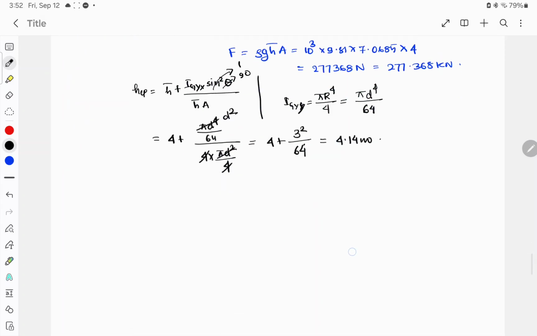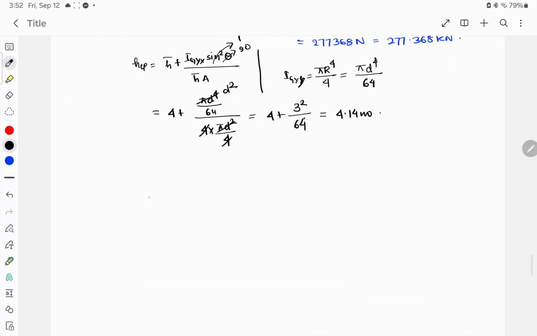So now let us just make the diagram. We said that this whole circular plate is rotating, and force was acting where? Force was acting here in the center of pressure region. This is at a distance 4.14. This center hinge is at a distance 4 meters, right?